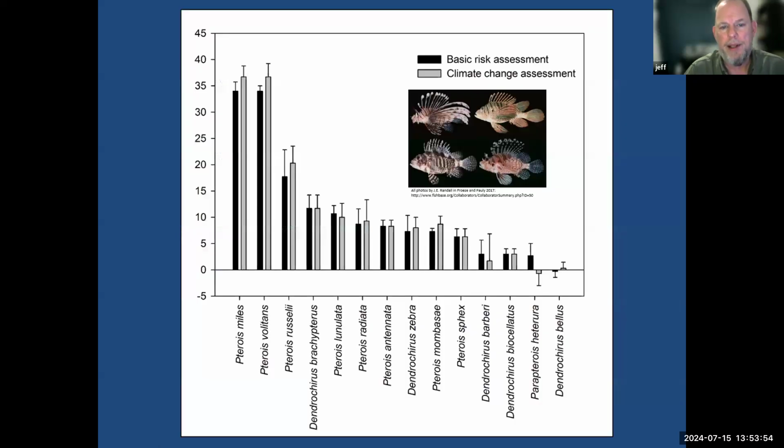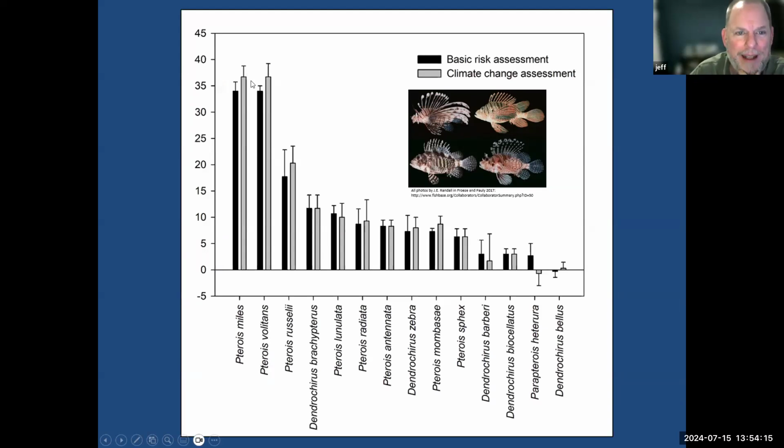Here's some outcome. This is in graphical form, but these are numbers that you would get from the tool. These are for these lionfish. The front 2 here are the invasive species, and this is the score. They score in the 30s, which is very high. So it shows, yes, indeed, those are invasive species.